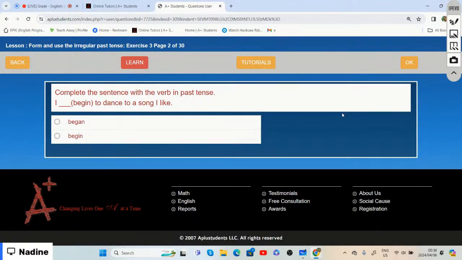Well done. I begin to dance to a song I like. Is it begin? Do we convert that to began? Or do we just say begin? I began to dance to a song I like.